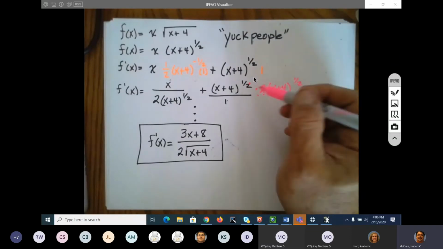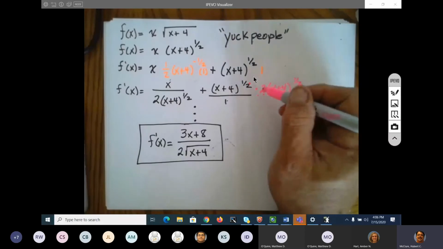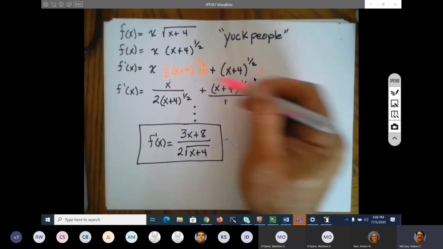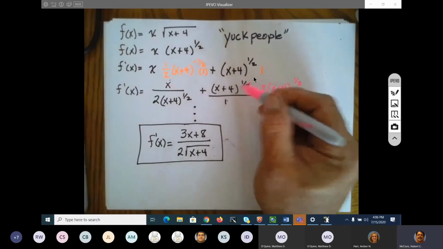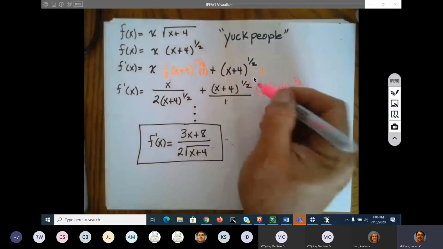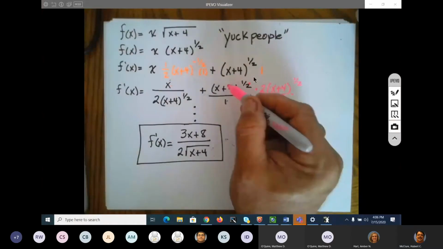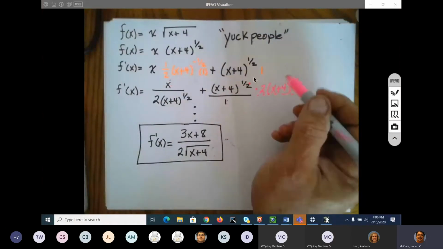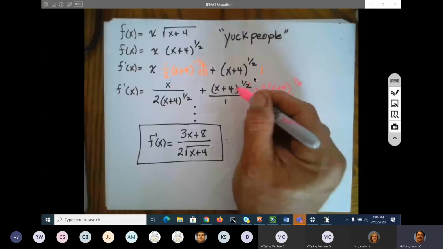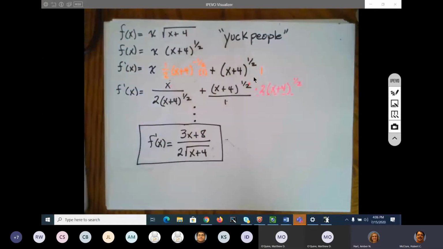That would be x plus 4 to the 1, and then you distribute, and that's going to be 2x plus 8, and then what's 2x plus x? 3x. Okay, so that's all algebra. You should be able to do that.